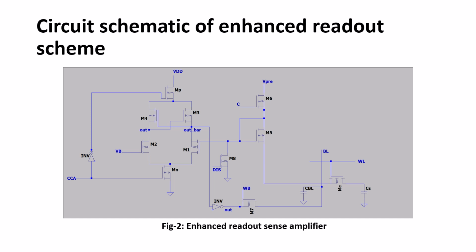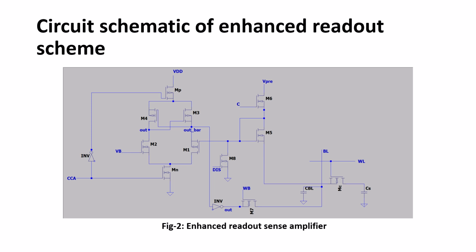In the previous circuit we have this 1T1C as usual, and the sensing circuit is changed to a current comparator rather than voltage comparison, and another circuitry is coming in if you compare it with the 1T1C conventional DRAM cell. This external additional circuitry mostly has one transistor in series with a diode connected transistor.